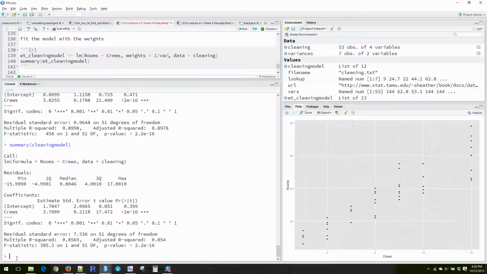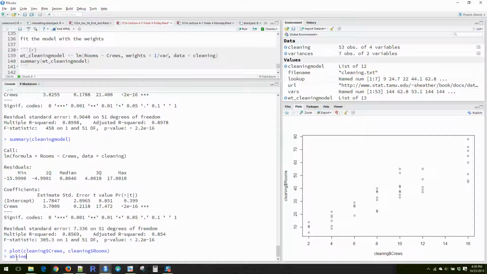Let me just plot cleaning$crews and cleaning$rooms, and I'm going to do abline of cleaning model.